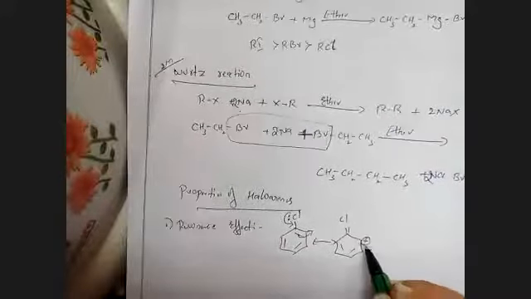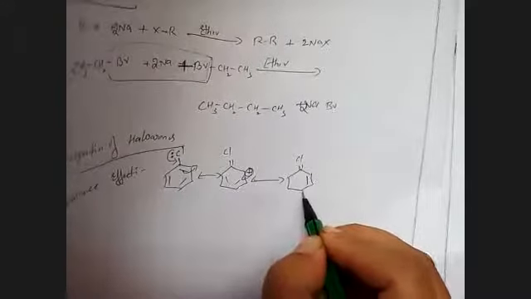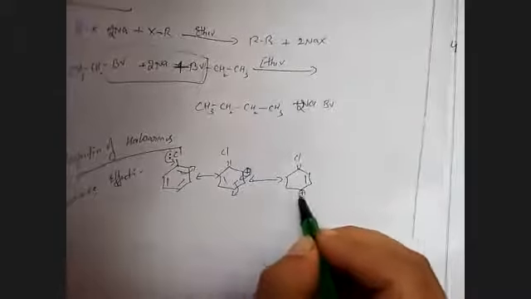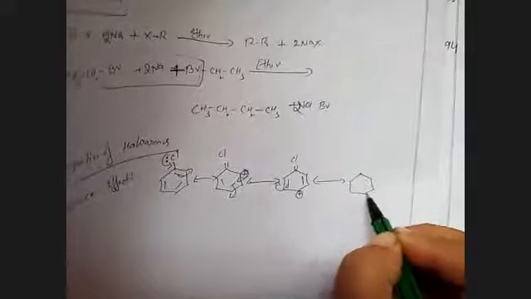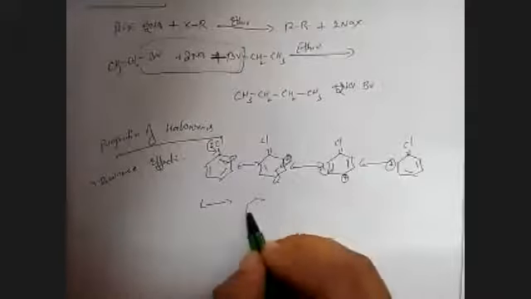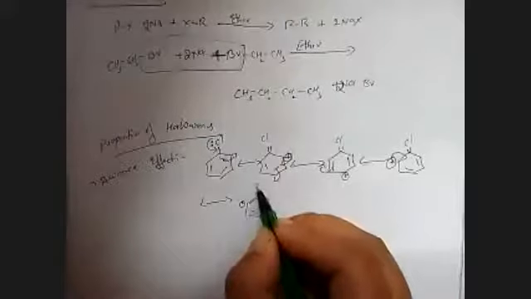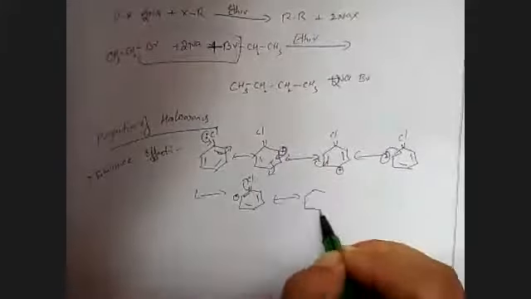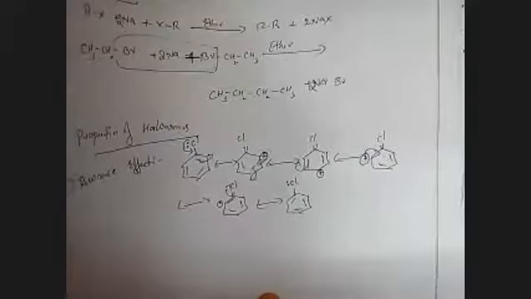Again it will shift and create a positive charge at another position, and again, moving around the ring. There is only a shifting of the position of the bonds. This is called a resonance structure.